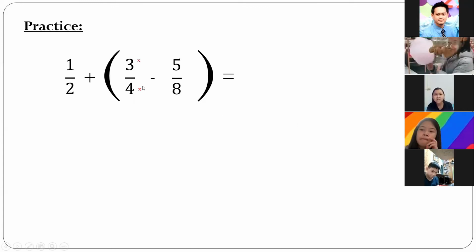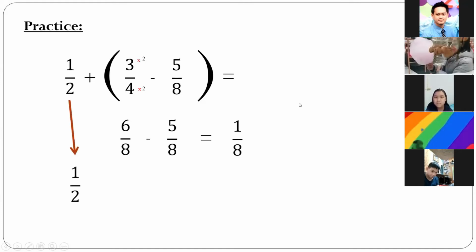So the common denominator of 4 and 8 is 8. So we will multiply 3/4 with 2. So 6/8 minus 5/8 equals 1/8. And now let's move on to the operation outside the parentheses. 1/2 plus 1/8.